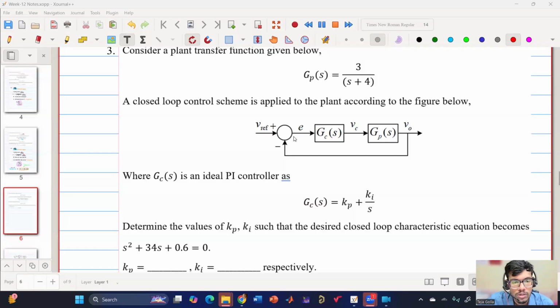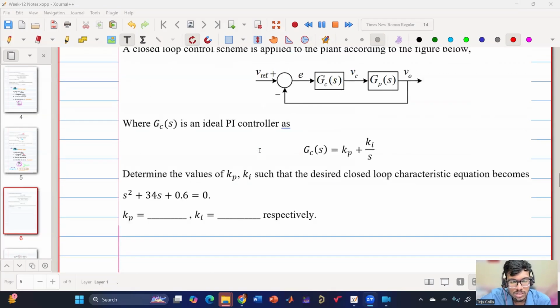Sonali is saying K is 0.2. And how much KP are you getting, Sonali? Six. Okay. So I guess now everyone has solved.